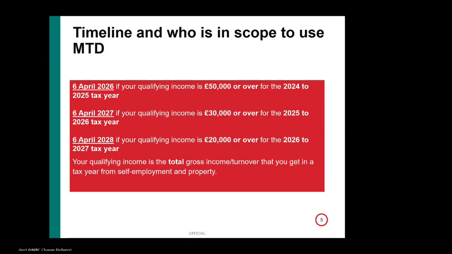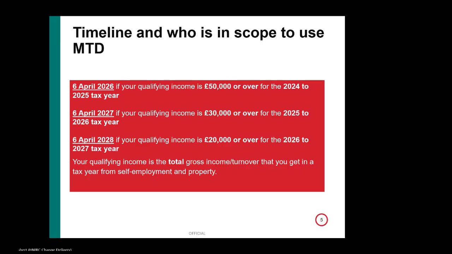So MTD is being phased in from April 2026, depending on qualifying income. From the 6th of April 2026, self-employed individuals and landlords with income from self-employment and property that totals over £50,000 will need to use MTD.